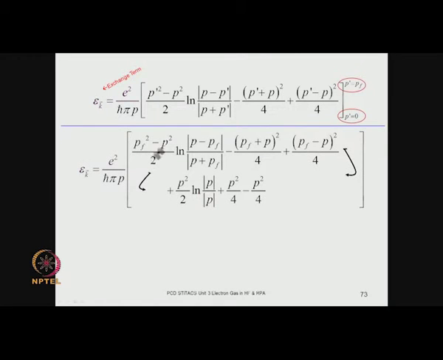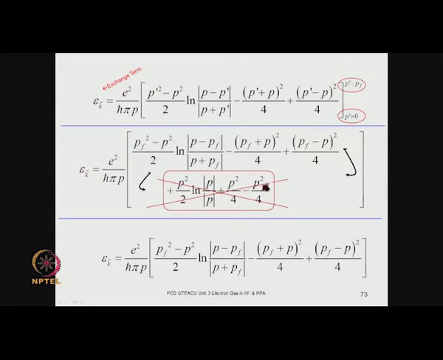So, we get this expression with p prime equal to the Fermi momentum. So, instead of p prime square minus p square, you get pf square minus p square and the corresponding terms with pf, the Fermi momentum, over here, and you have the same expression for p prime equal to 0. But notice that this term simply vanishes. So, there is nothing that is left of it, and now you have only the upper expression which you have to be working with.